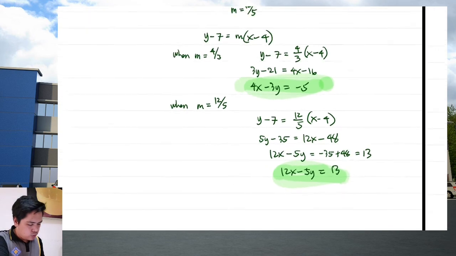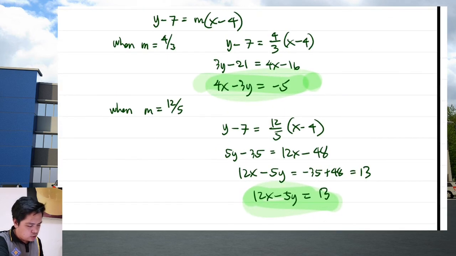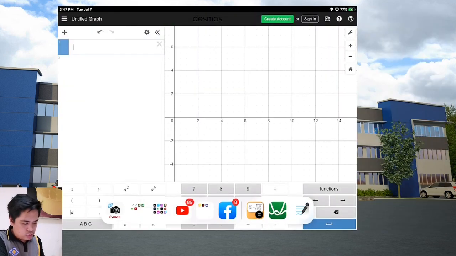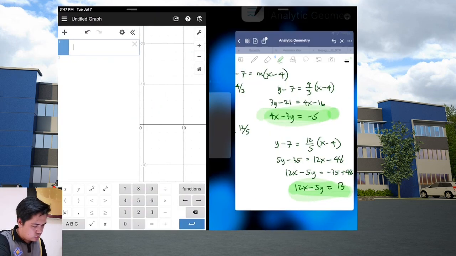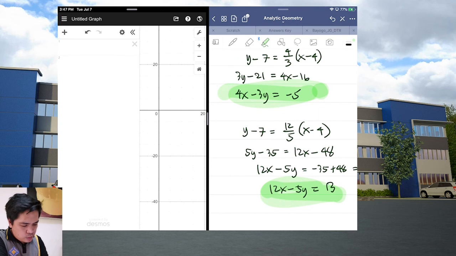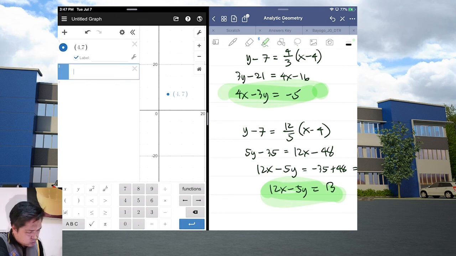So let us take a look at that in our tool. Let me put them side by side here. The given point was (4, 7). It's located here. Then, these are the lines.